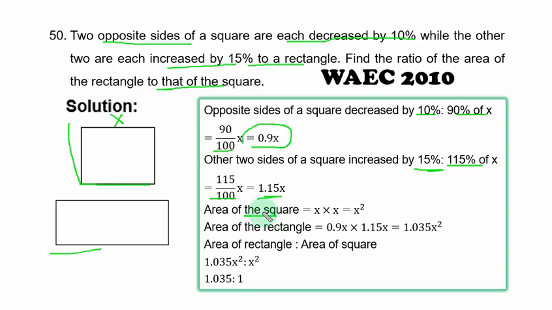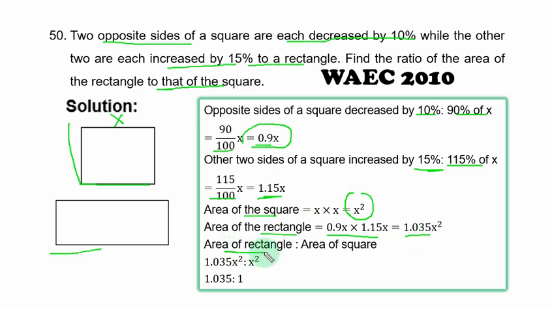Area of the square is S times S, that is S squared. Area of the rectangle is the breadth times the length. You have it in this form, and that is 1.035 S squared.